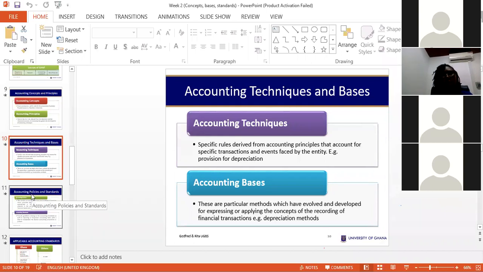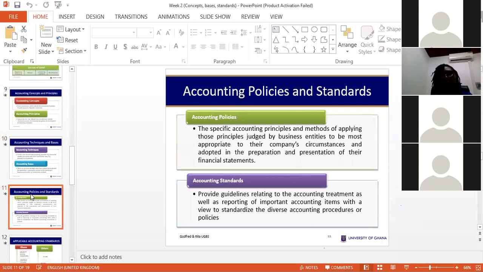Then we have the accounting policies. Now, a policy is just the specific accounting principle. Remember, we said accounting principles are the general decision rules that have been arrived at internationally by consensus through deliberations. Now, for every business organization, out of the general ones, you would have to use some that are applicable to your business.